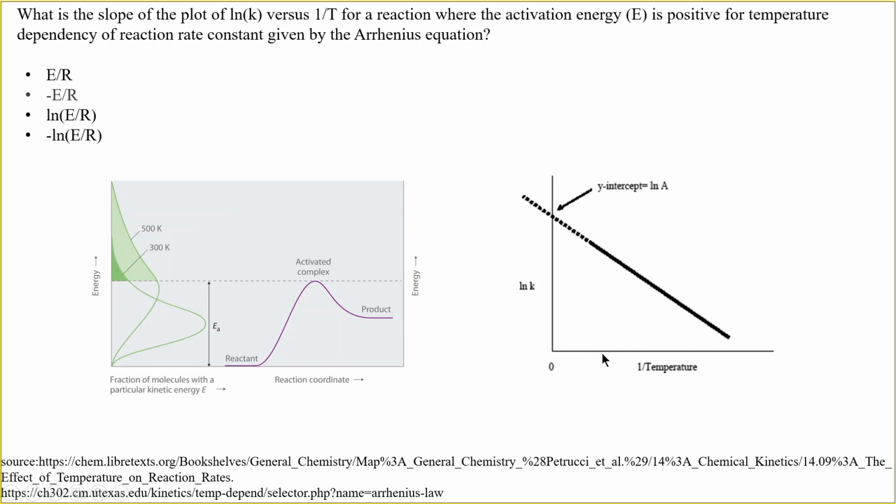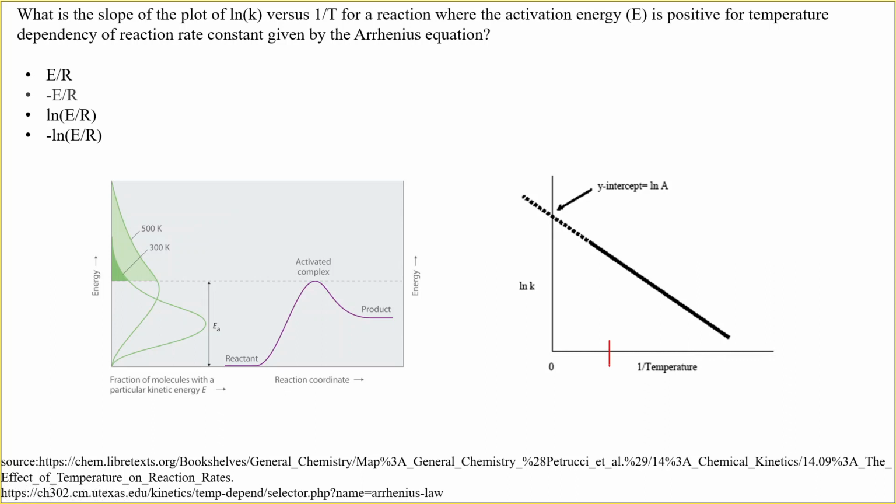So let's say that 1 by 500 will be somewhere here and 1 by 300 will be in front of it. So if we were to draw the curve of the rate of reaction at 500 Kelvin, that would be 1 by 500. The slope of the line will be much sharper than at 1 by 300 Kelvin. So 1 by 300 Kelvin will have a much slighter slope.